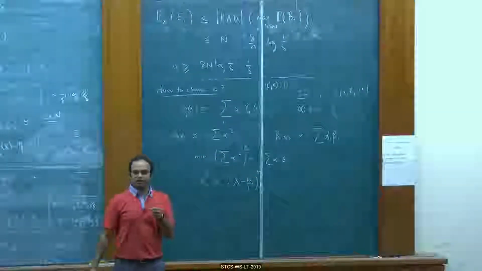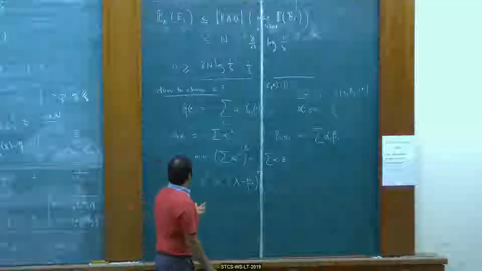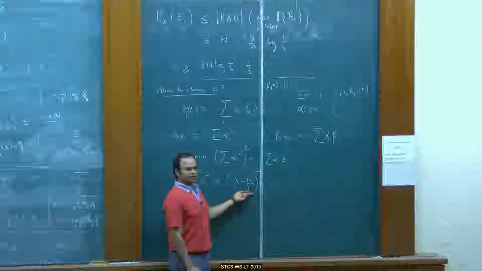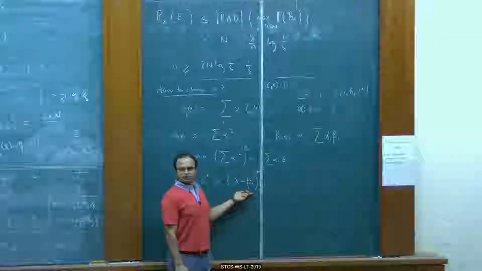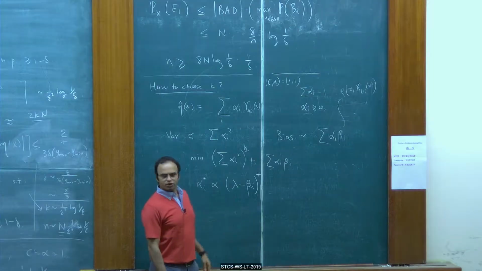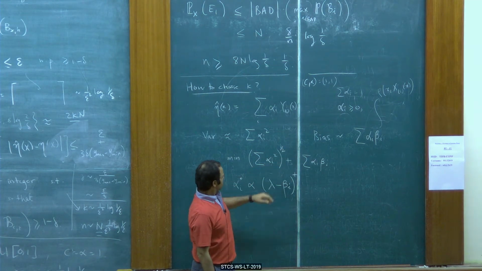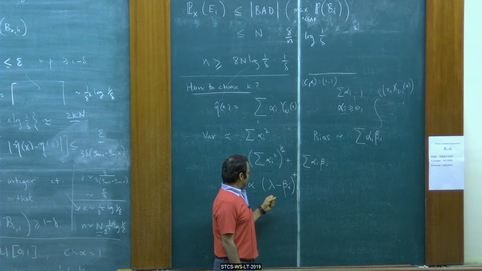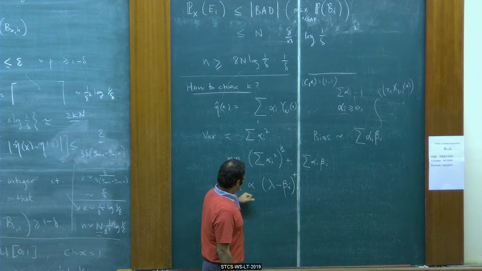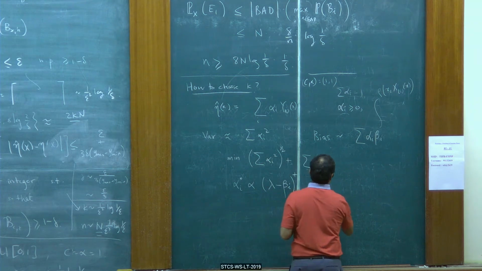So there is some lambda that exists, and the optimal alpha is proportional to this. That's a Lagrange multiplier for the constraint. This constraint, or this constraint. Okay, good.